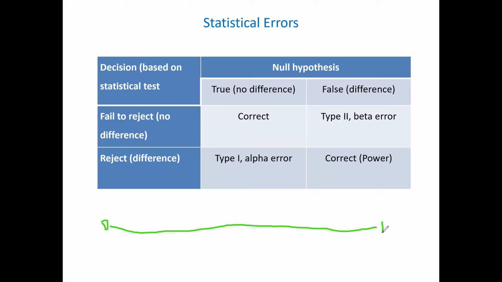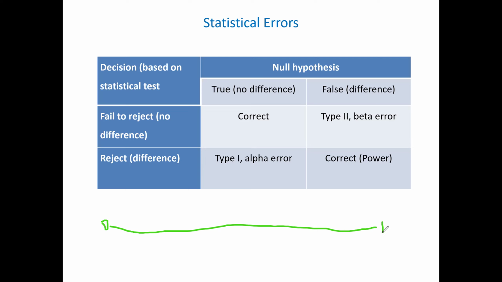You reject the null hypothesis. You say there's a difference, whereas there's no difference. Something that is not there, you say it's there. An association that is not there, you say it's there. There's an association between salt intake and blood pressure, you say, whereas there's nothing. Your probability of making that mistake, saying there's an association when there's no association, is the p-value.